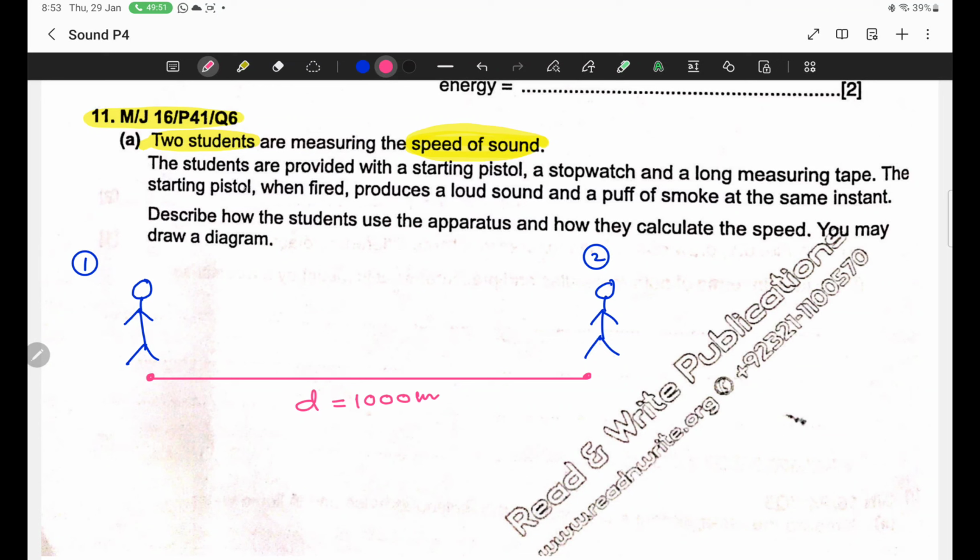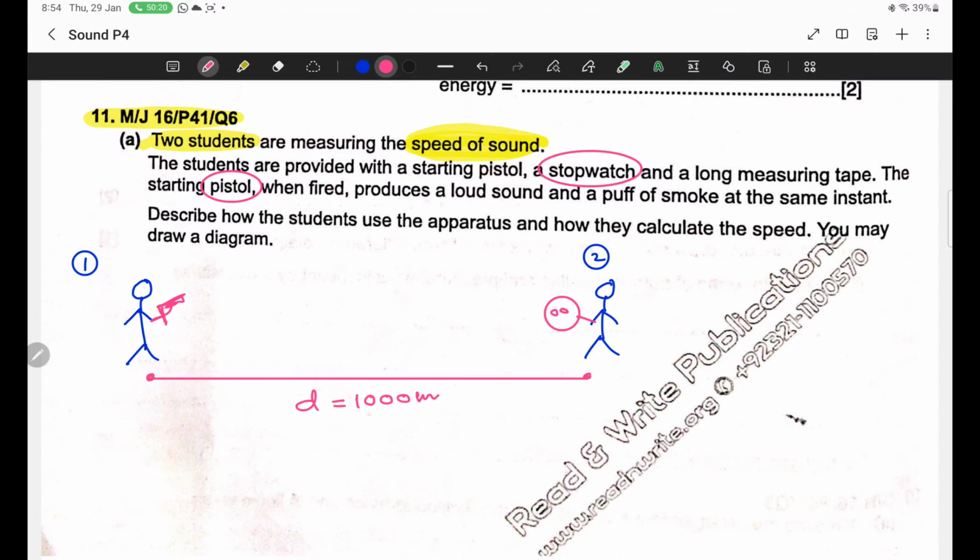Now one student has a pistol and the other one has a stopwatch. Consider this is a pistol in his hand, and the other student has a stopwatch in his hand.